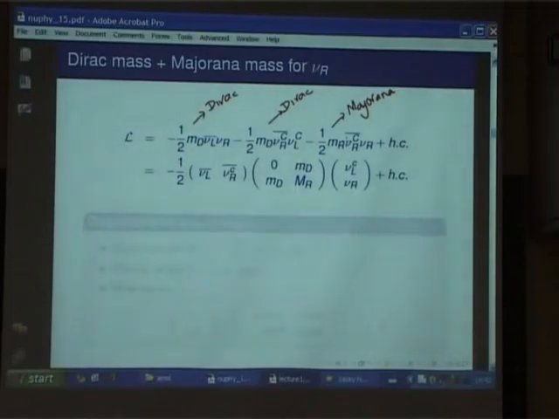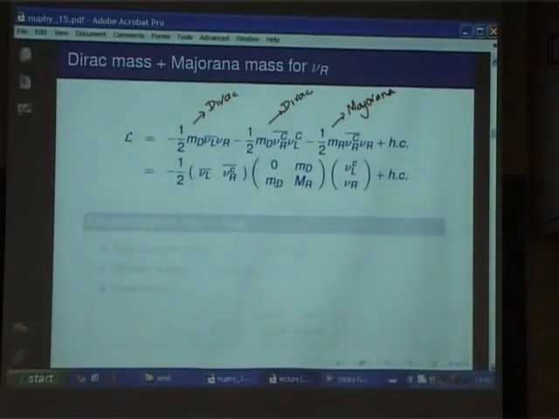So if I choose my basis as mu L C and mu R, then my mass matrix is a 2 by 2 matrix. It has 0 here because the mu L mu L C term is 0. I have not given any Majorana mass to the left-handed neutrino.